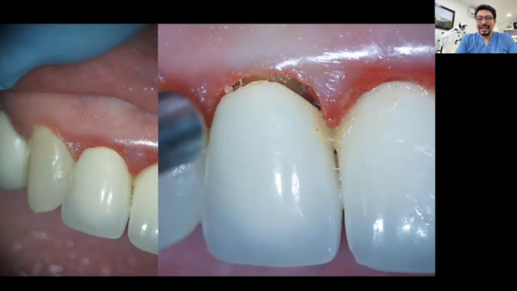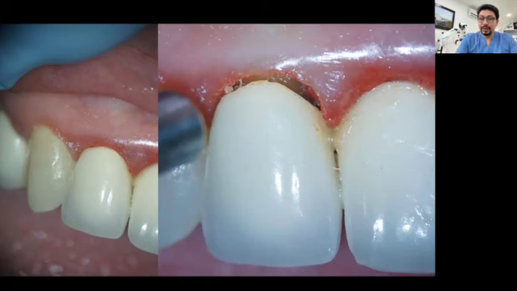We can see some cement in between the crowns. The patient wasn't able to even clean that area. You can see that the crowns are not properly adapted in the area. And all these factors were generating the pain and the discomfort in the patient.